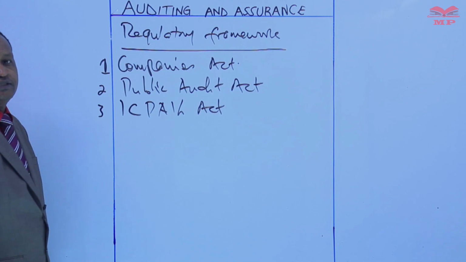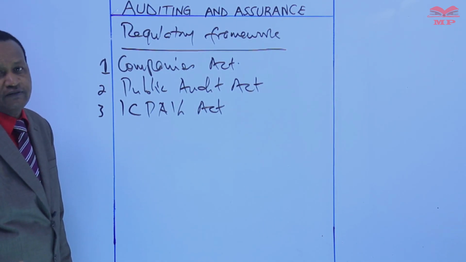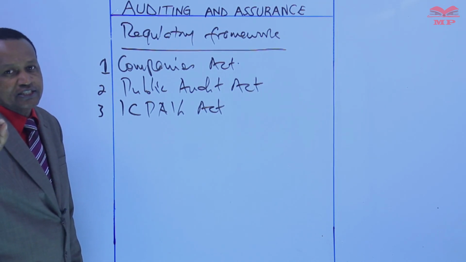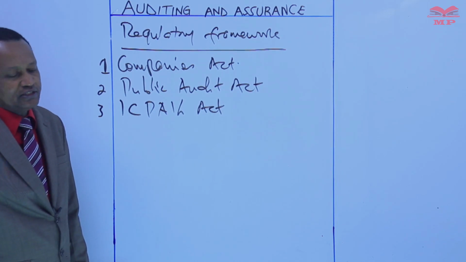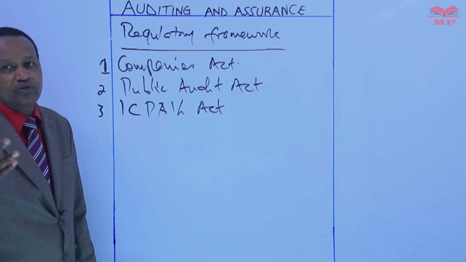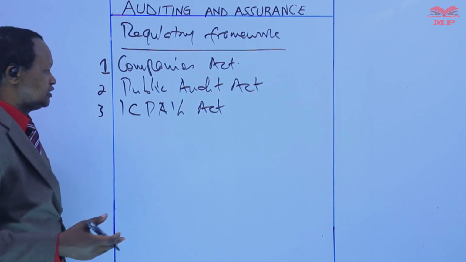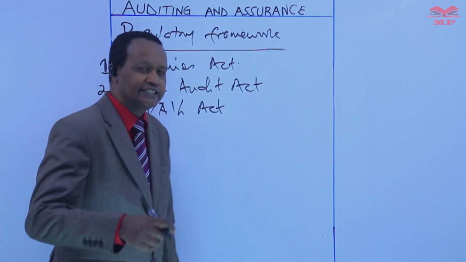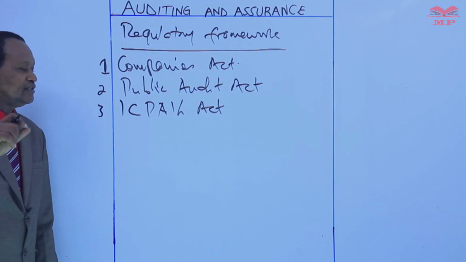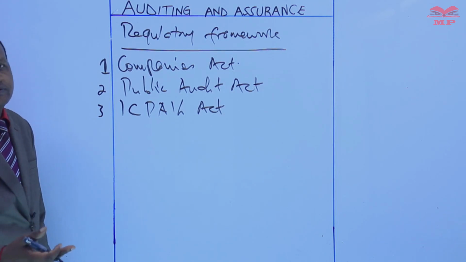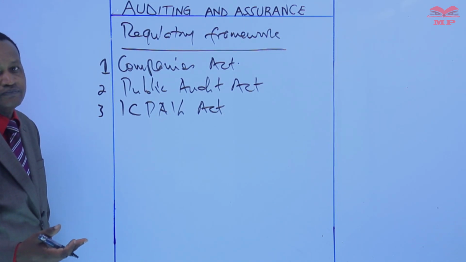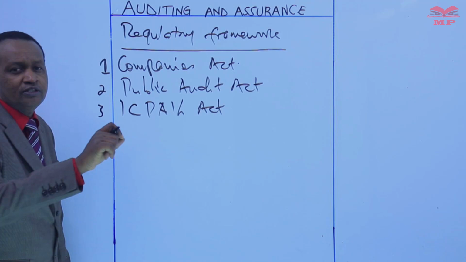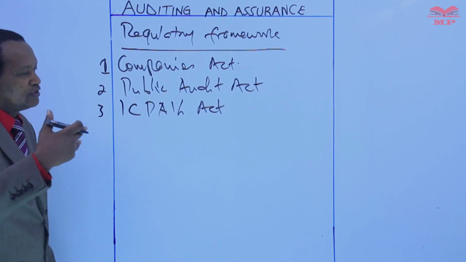ICPAK is the professional body for accountants in Kenya, and this Act establishes the institute and also outlines its functions, including setting professional standards and regulating the conduct of the members of ICPAK. So ICPAK issues the Code of Ethics for Professional Accountants, which provides guidance on ethical behavior for auditors.